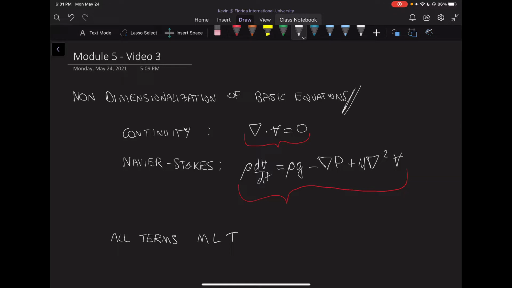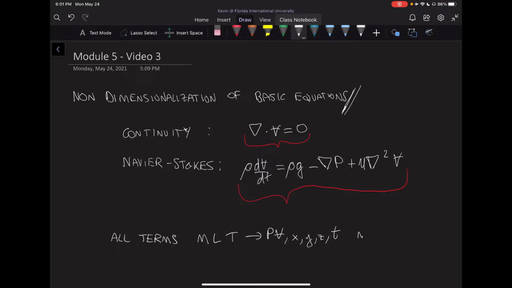We can therefore apply mass, length, and time on p, velocity, x, y, and z, any position parameter, and t for time. And we can non-dimensionalize all these parameters by using density and two constants, essentially.